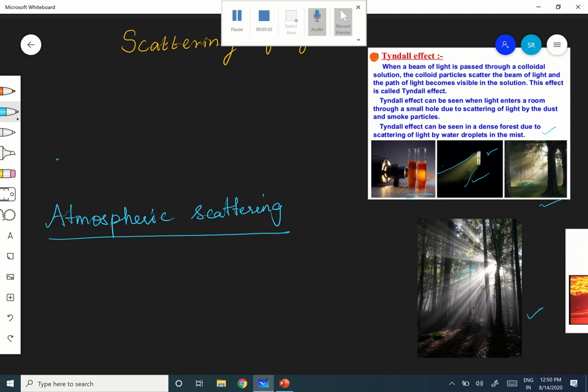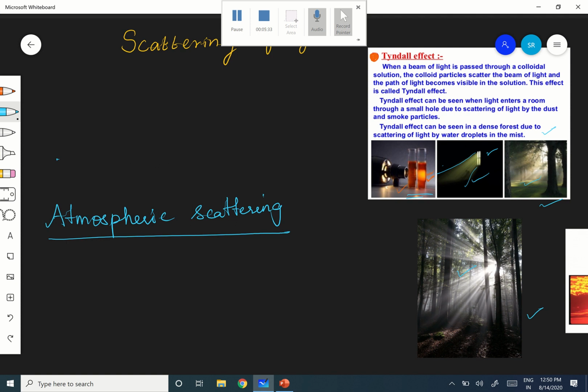That is why most of the beautiful phenomena, like the blue color of the sky, the red hues of sunrise and sunset, and even the white color of the clouds, are all due to the scattering of sunlight by the atmospheric particles.